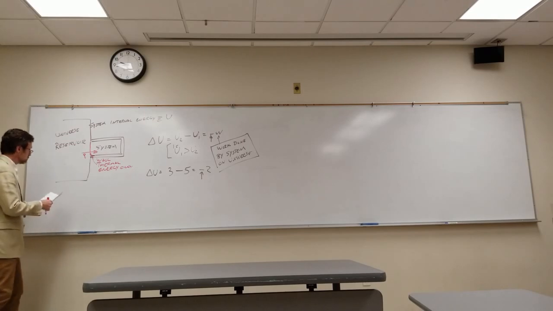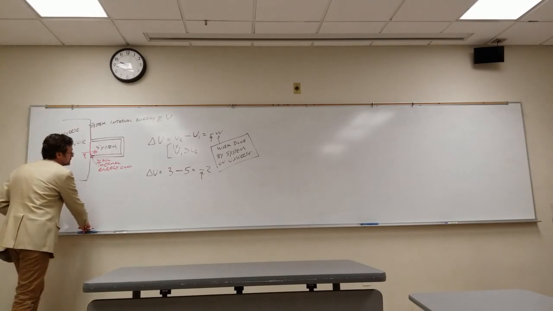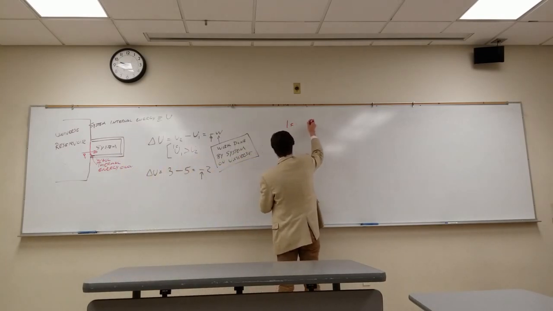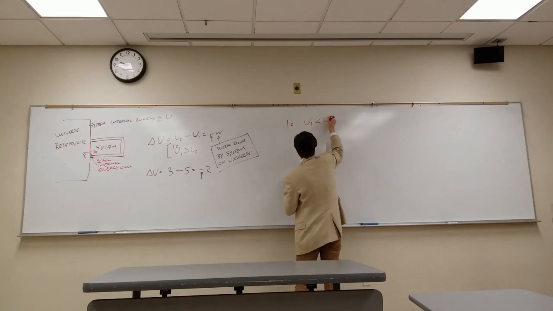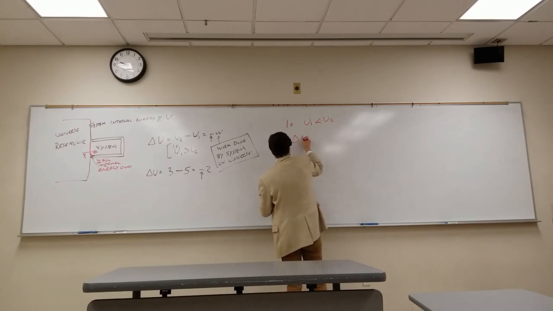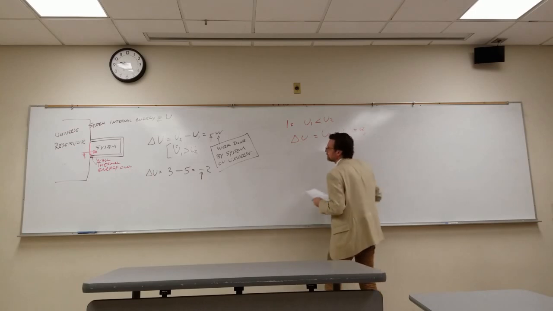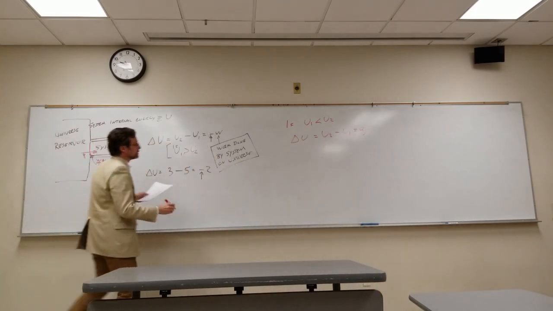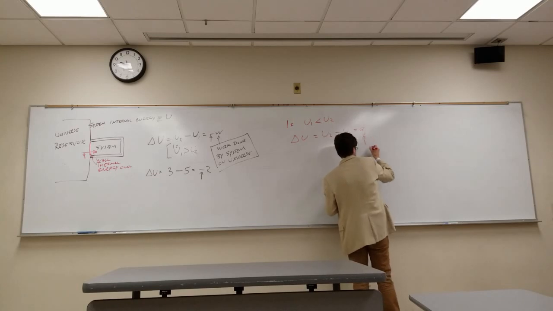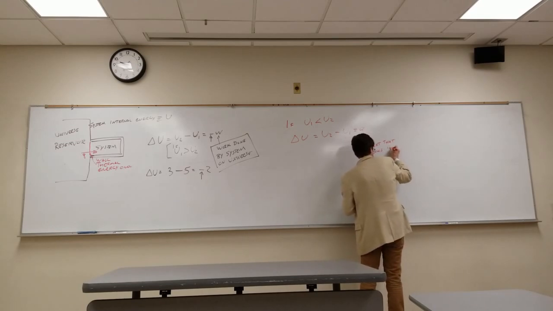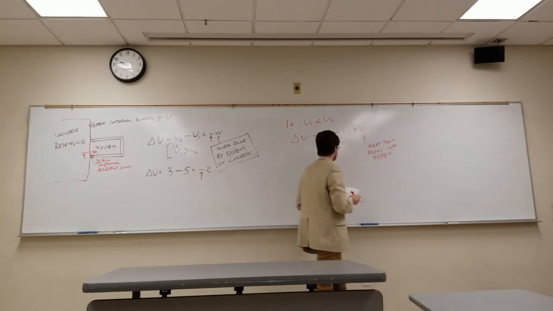So now, moving from state 1 to state 2, delta U equals U2 minus U1 equal to Q, where Q is the heat into the system.